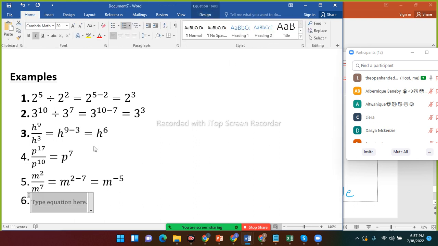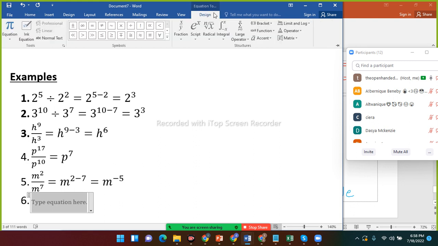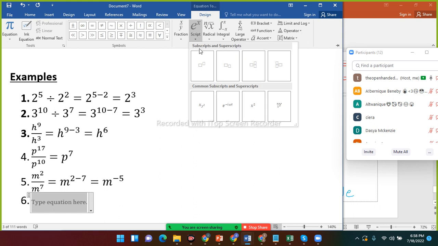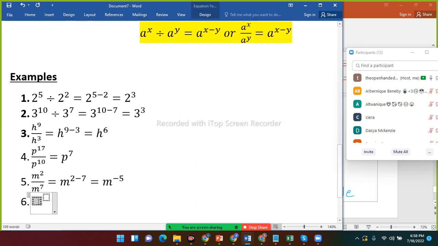So let's say I have n to the power of 5 divided by n to the power of negative 3. This one is difficult. What is my answer, Rashay?